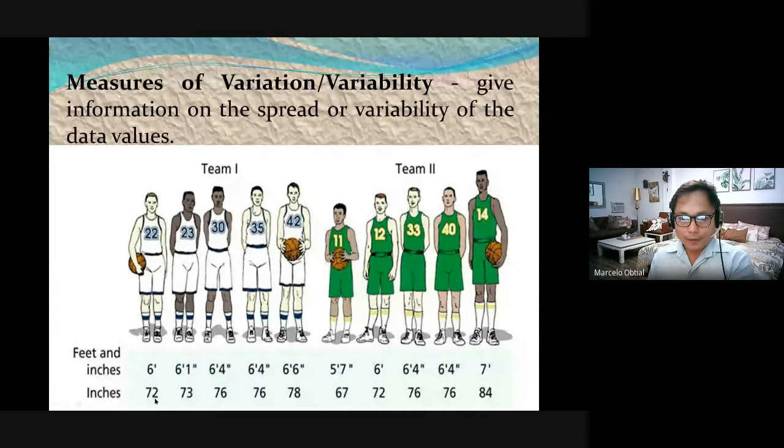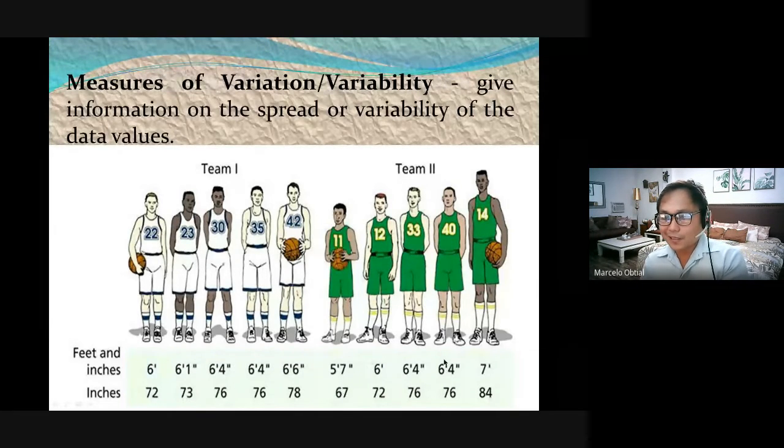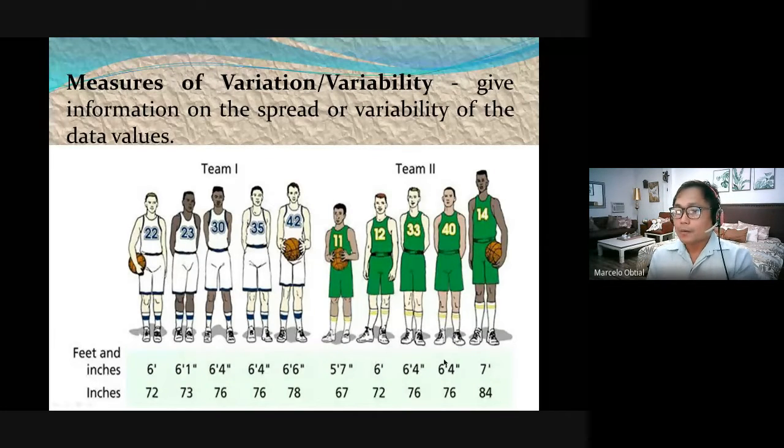You get the difference, that is 6 inches. On the other hand, team 2, the tallest person is 84 inches, the lowest person is 67 inches. You get the difference, I think that's 17 inches. So 17 inches is greater than 6 inches. Therefore, in terms of variation, kapag yun ang ginamit ko na basihan, mas nagva-vary ang team 2.